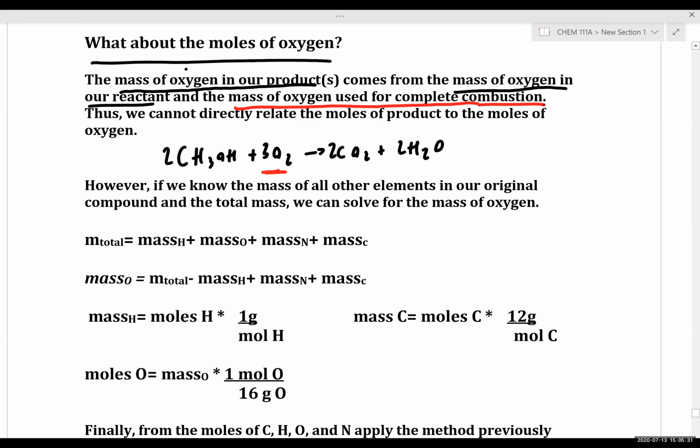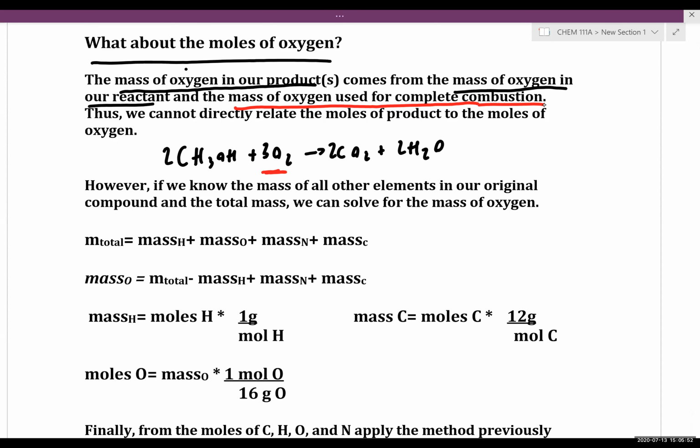Clearly, can everyone agree that all of the oxygen in our products isn't just coming from our sample? We've reacted our sample with a large excess quantity of oxygen gas, and some of the oxygen atoms are incorporated into our products.